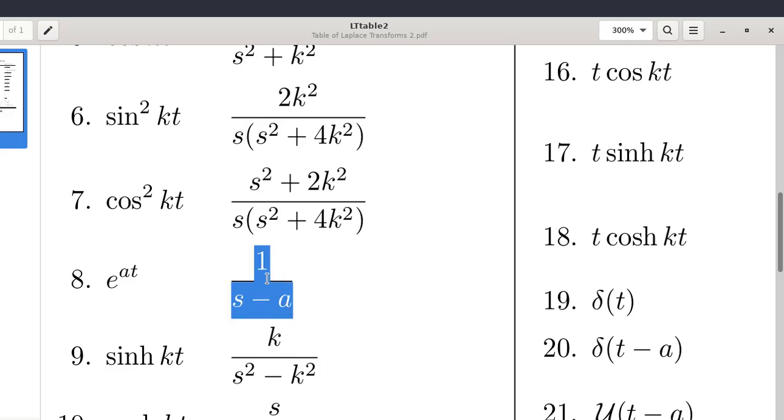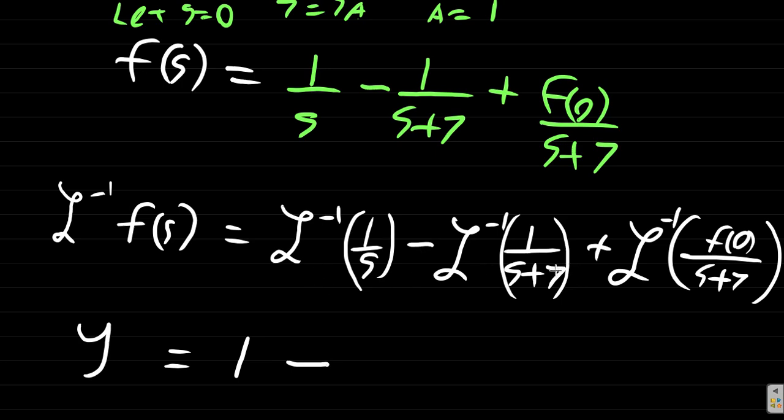The inverse Laplace transform of 1 over s minus a is e to the positive at. The sign of the negative a changes to positive. If we had 1 over s plus a, it would be e to the negative at, because its sign would be changed from positive to negative. So, let's apply that principle over here. What we have is 1 over s plus 7.